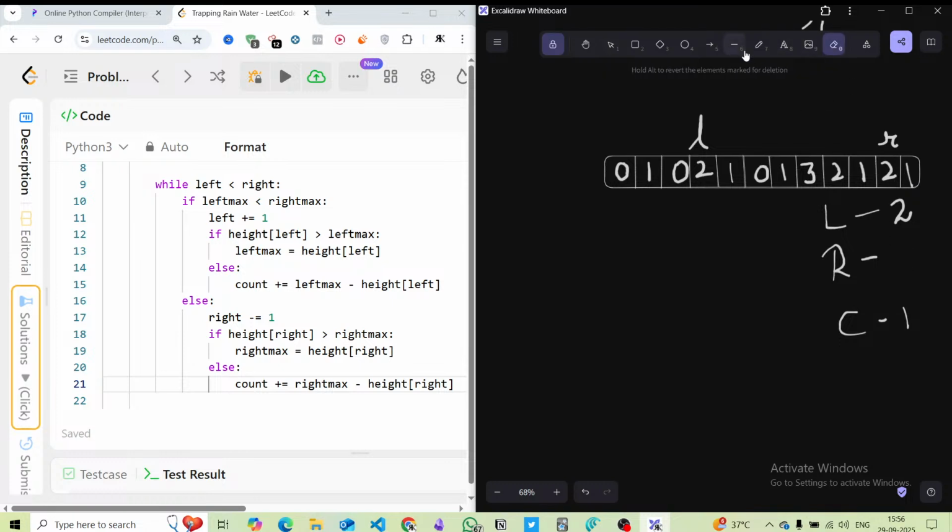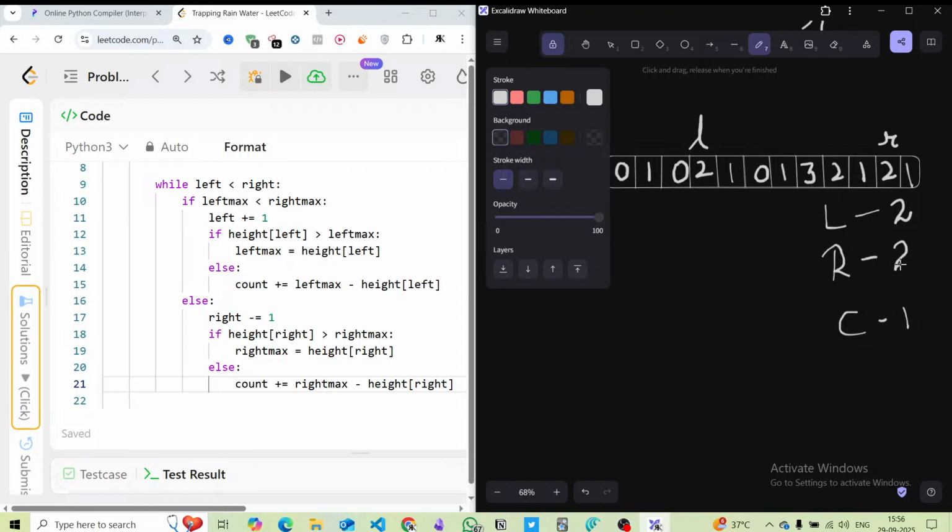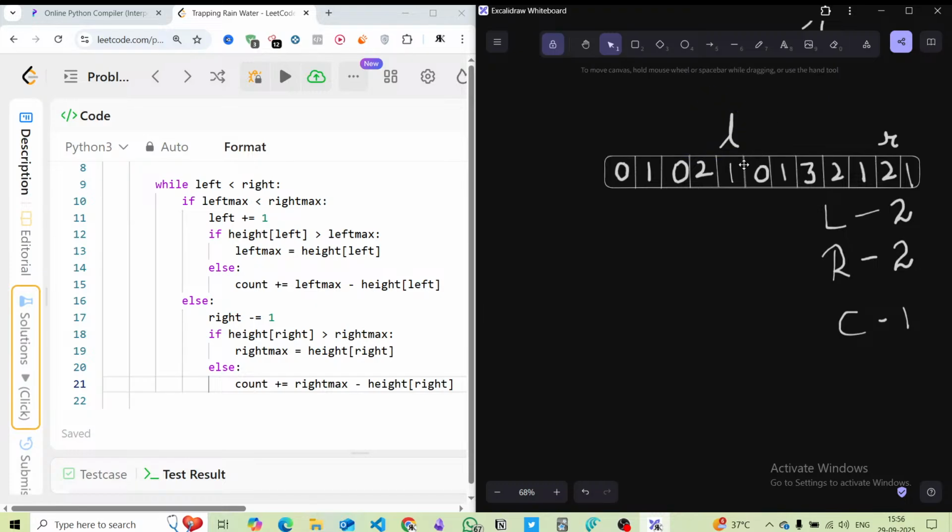Yes. So we just update the right max. So the right max is also 2. And then now, again check left max is less than right max? No. So we move the left to the next one. Then we check again. No. So now we add it: 2 minus 1 is 1. Here 1 plus 1 is 2.